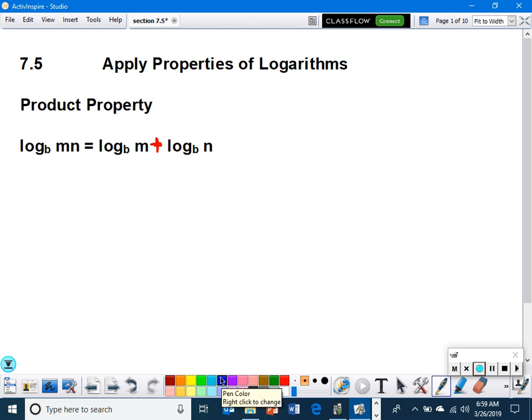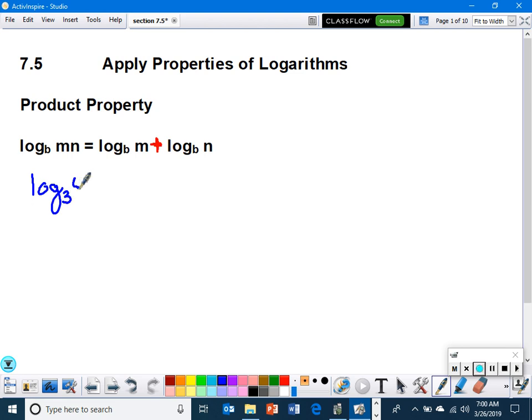Let's start off with log, we're going to say base 3. Now that 3 is a little bit smaller and written a little bit down. Don't write it next to the g like a normal 3. That's a base.